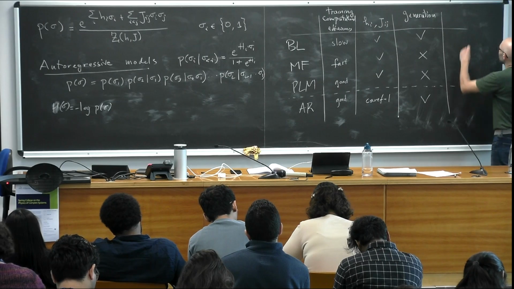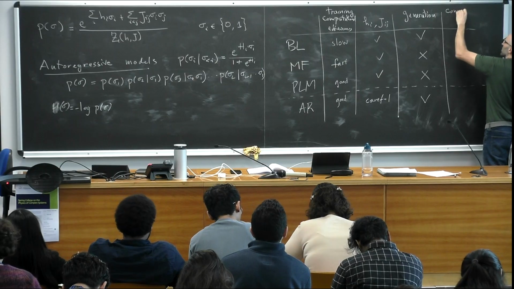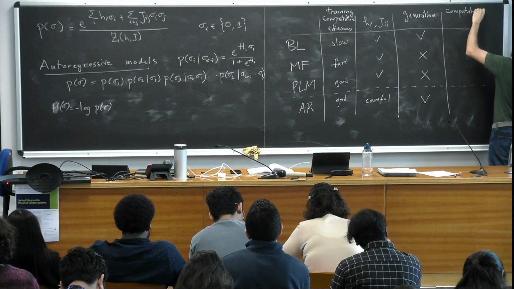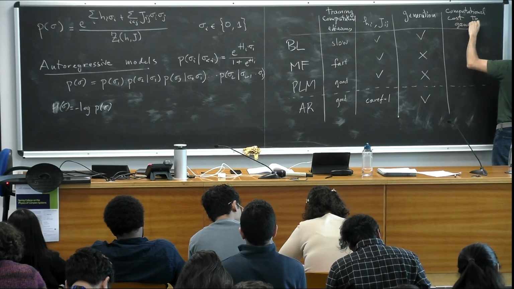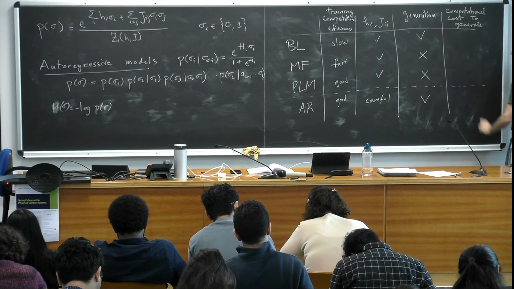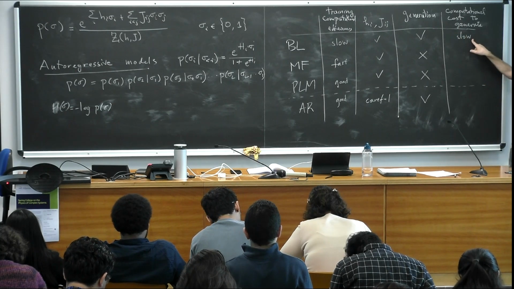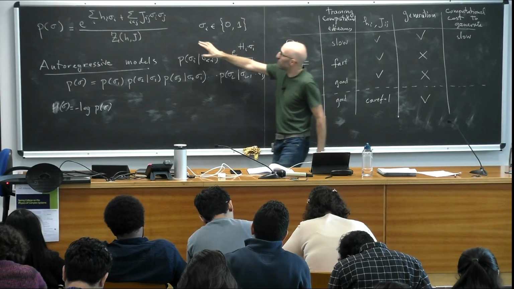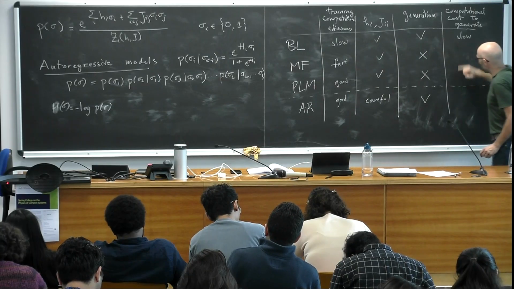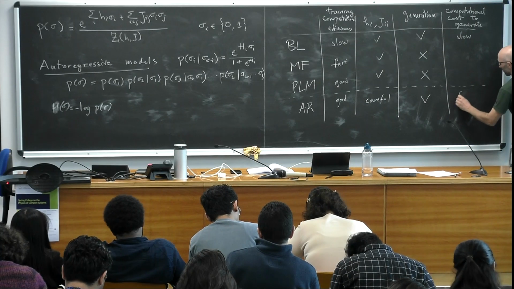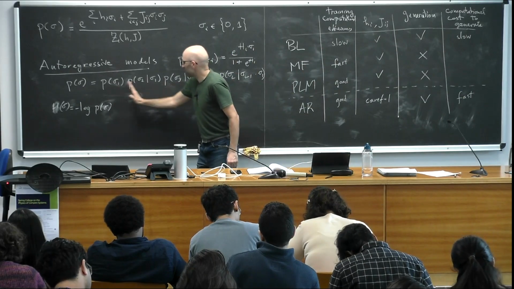And on top of that, you can ask, what is the computational cost to generate a new state? Here it's slow, because if you want to generate a new state from the Boltzmann distribution, you have to do it by Monte Carlo, so it can be slow. The good thing of autoregressive models is that it's very fast, because you can generate in this sequential way.